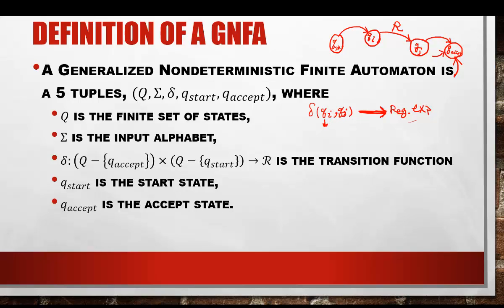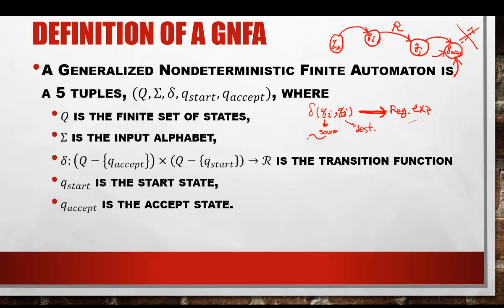If you have a pair of states, the first element is the source state, and the second element is your destination state, then Q accept cannot be a source state because there aren't any outgoing transitions out of it. So Q accept is not among the source states.